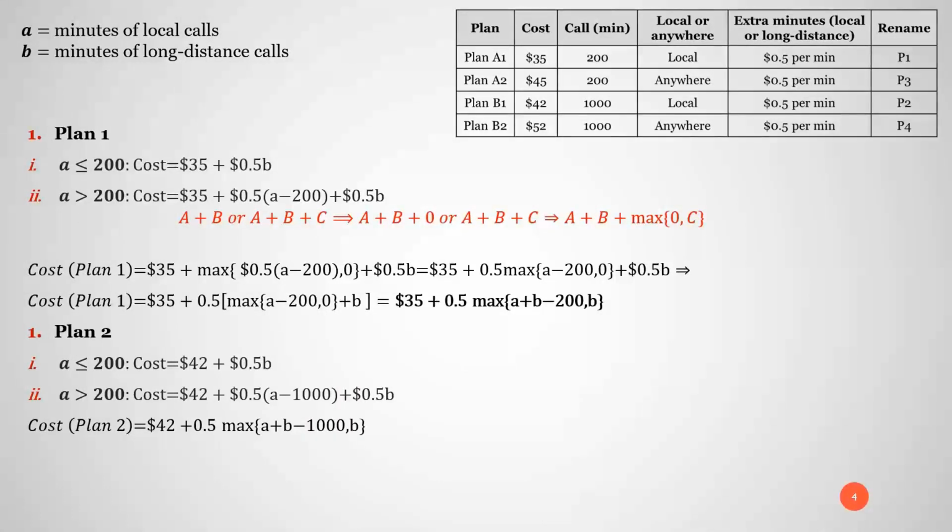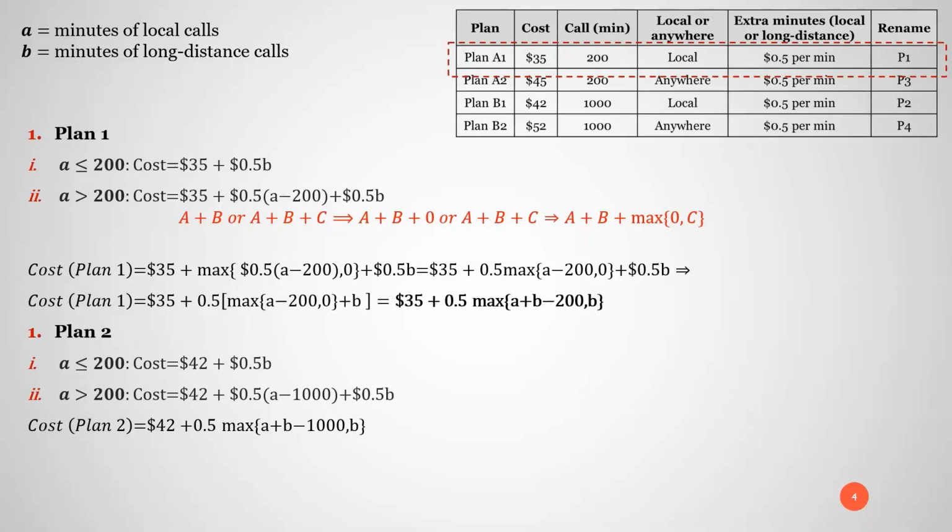So plan A, what was plan A? In plan A, as you can see in the table, extra minutes for both the local calls and long distance calls will be charged, and the limit is 200. So if A is less than or equal to 200, there is no extra local call minutes, and each minute of the long distance will be charged 50 cents.